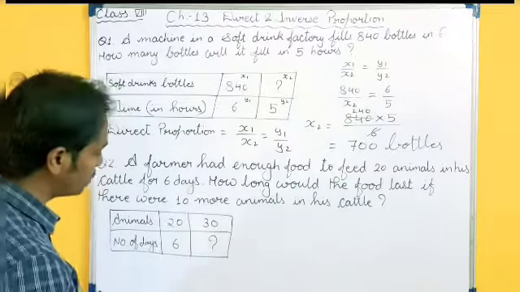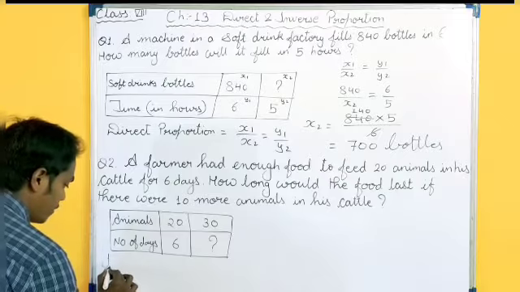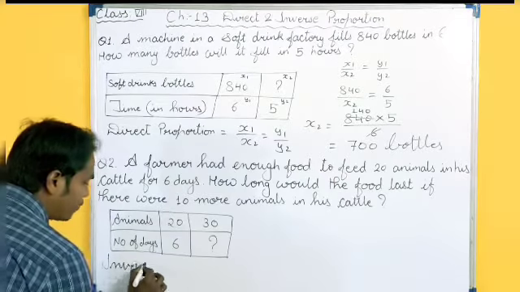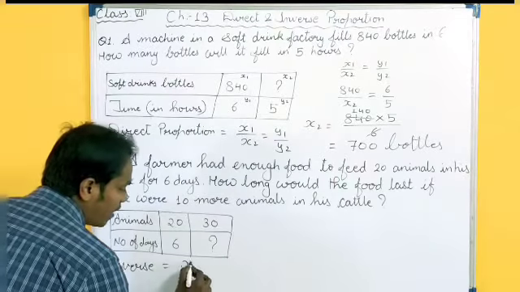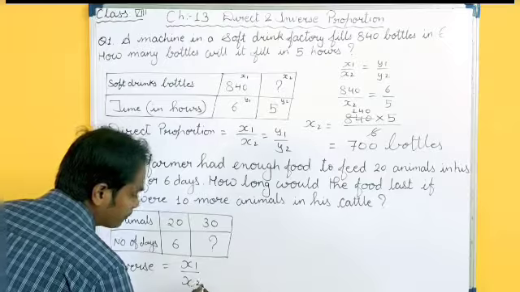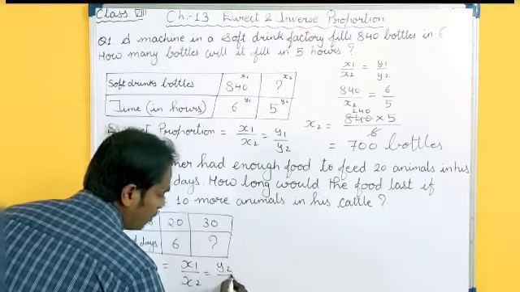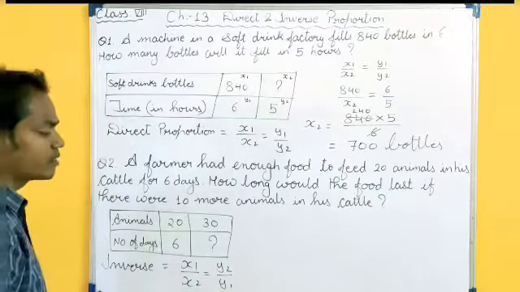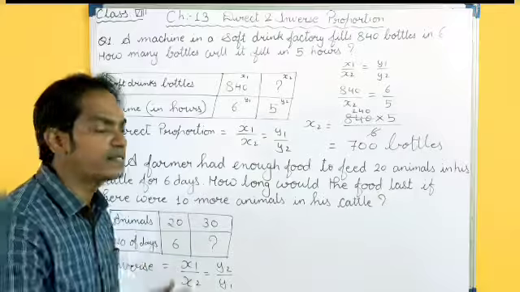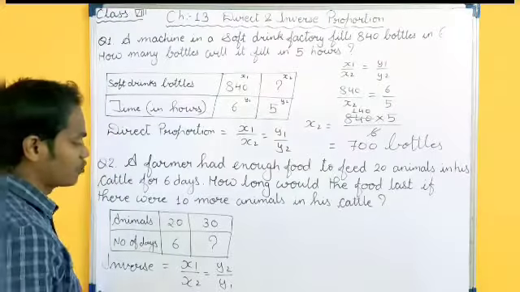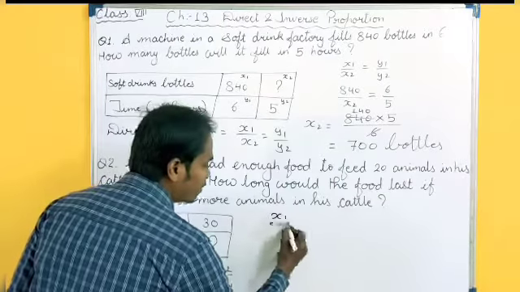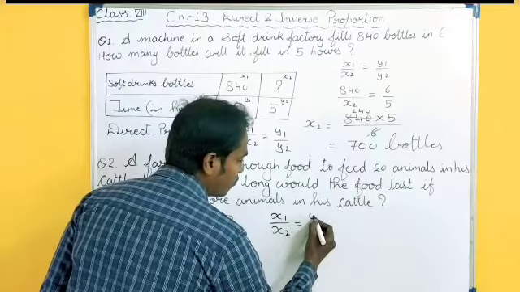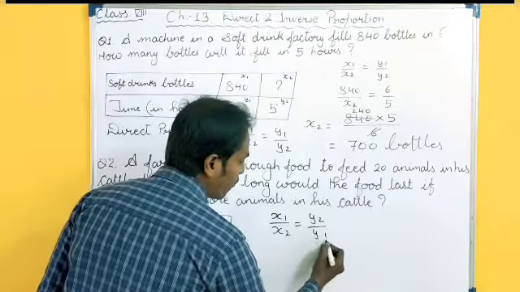Okay, so here we will use inverse proportion. So what is inverse proportion formula? x1 upon x2 is equal to y2 upon y1. With the help of this formula, your question becomes very simple. Easily you can find the solution. x1 upon x2 is equal to y2 upon y1.